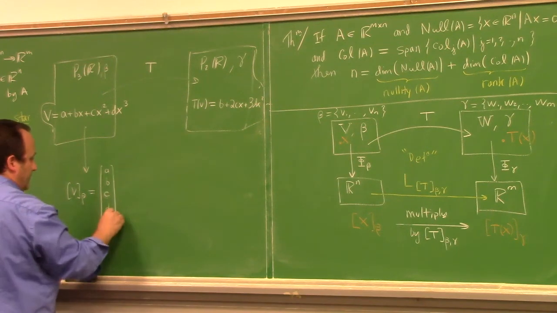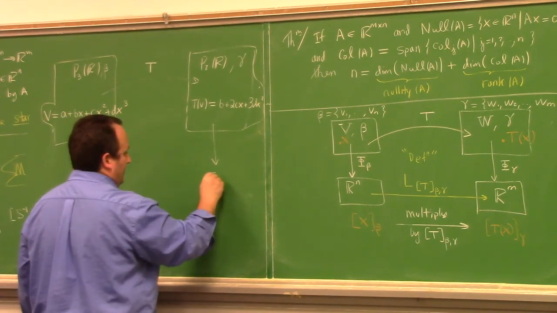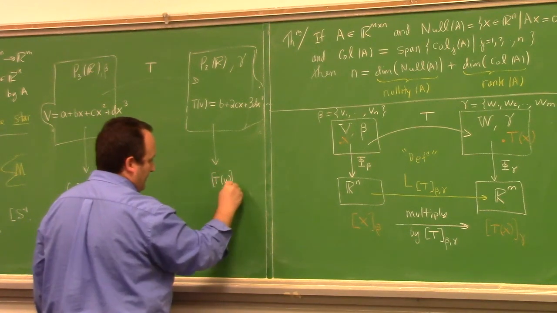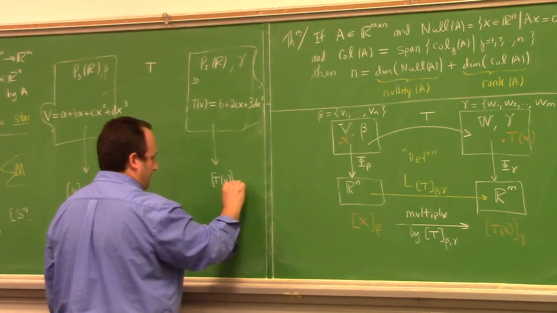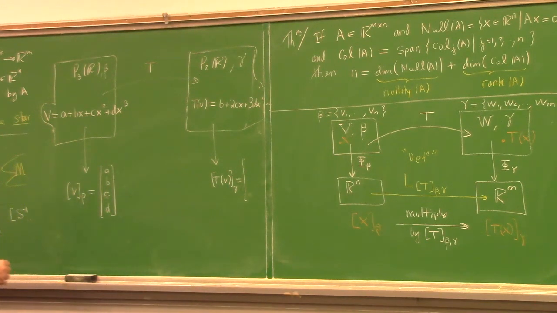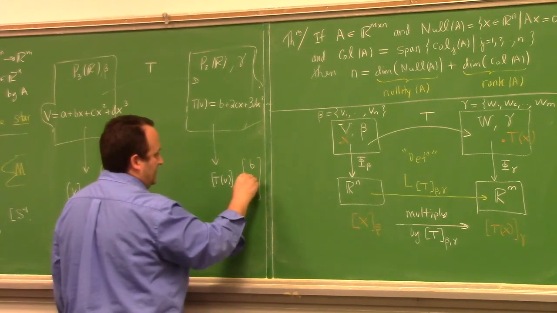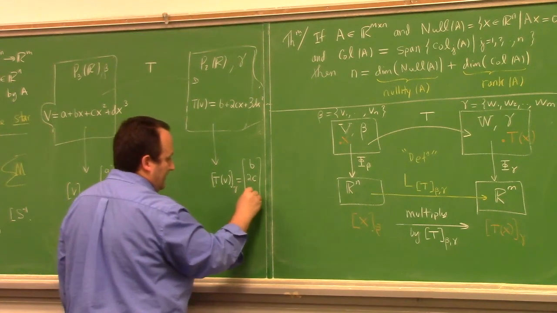Great. What's the coordinate vector over here of T of v with respect to the gamma basis? b, 2c, 3d. Very good.